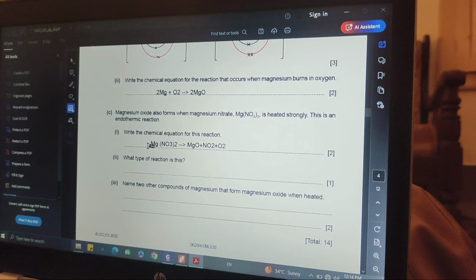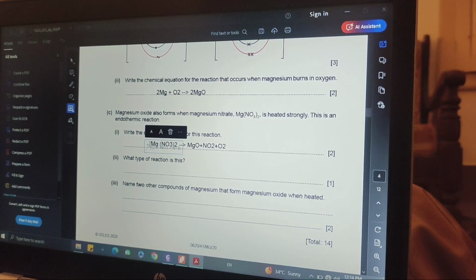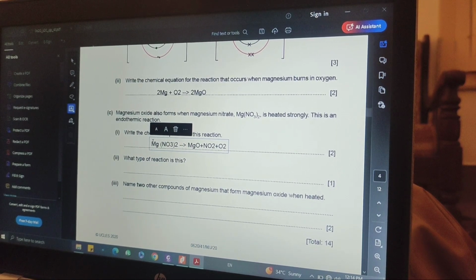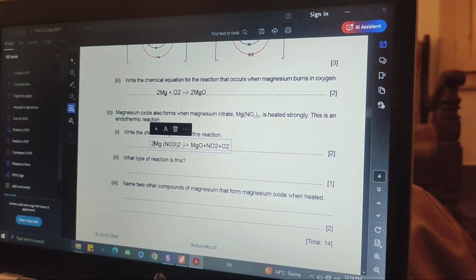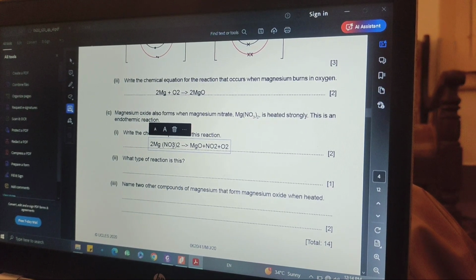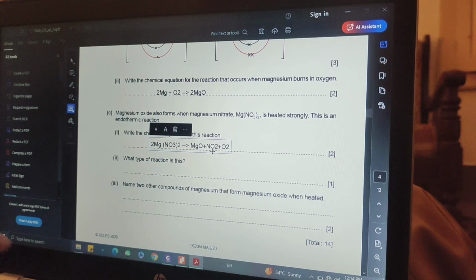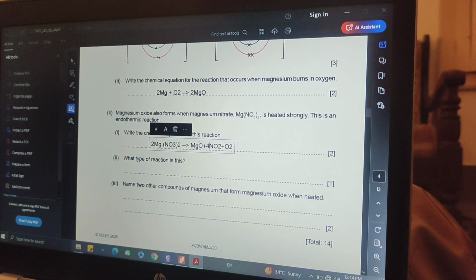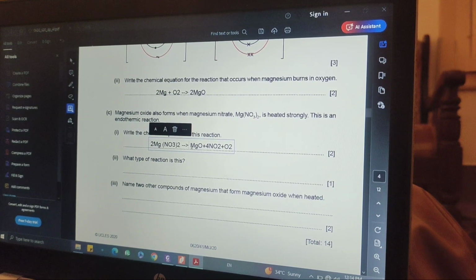So we need to convert this number to an even number. That will be done by writing 2 here. This 2 makes the nitrogen 4, 2 from here and 2, 4.